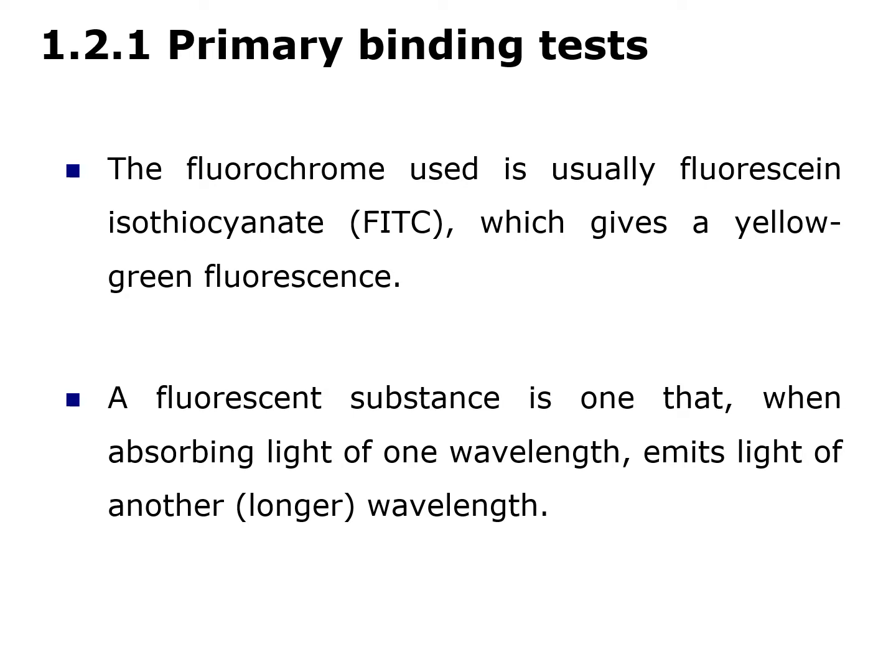However, it emits that light from lower wavelength to higher wavelength. So from 300, it becomes higher, and because it's higher, it becomes visible, because higher than 300 is already visible spectrum.